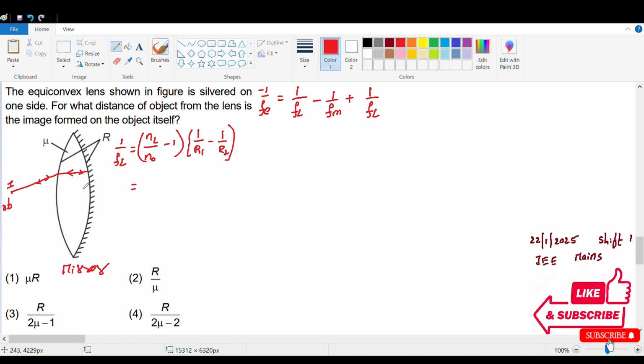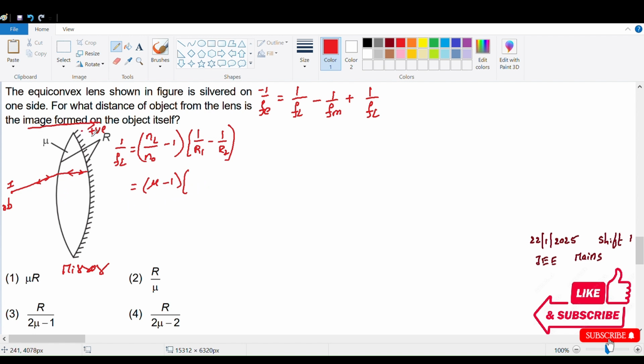Here let's substitute. The lens is mu, given. The medium is not given, so by default it is 1, and R1 and R2 are equal in magnitude. See, R1 is the first surface, so this side is positive. If you form a sphere here, R1 is on the positive side.